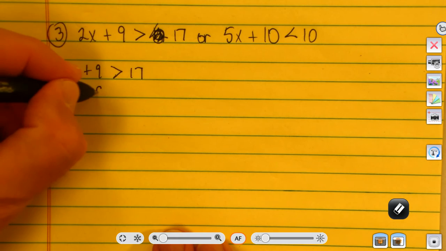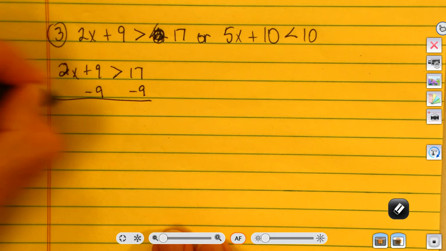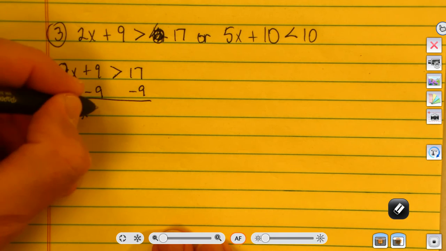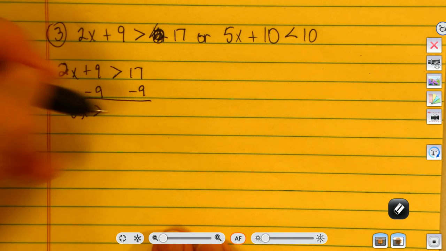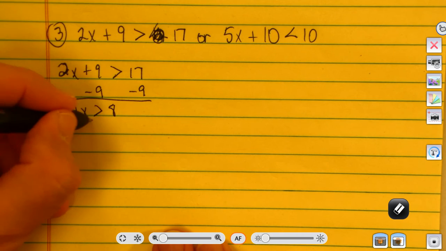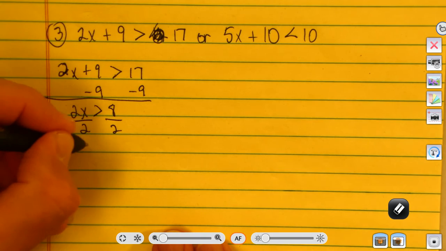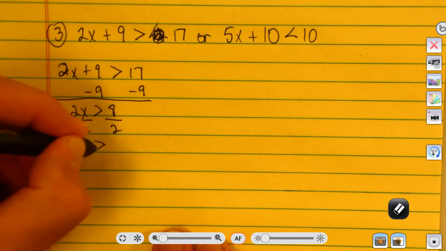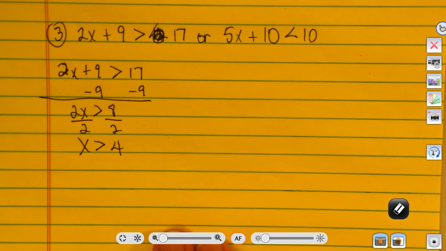I'll subtract 9 from both sides. 2x is greater than, and then 17 minus 9 is 8. Divide by 2. x is greater than 4. I'll just remind you, if you're watching this video, if it gets going a little too fast, you can always pause it and start it back.